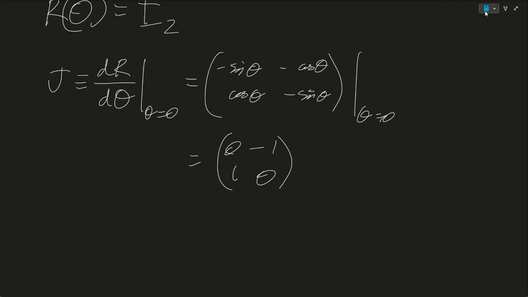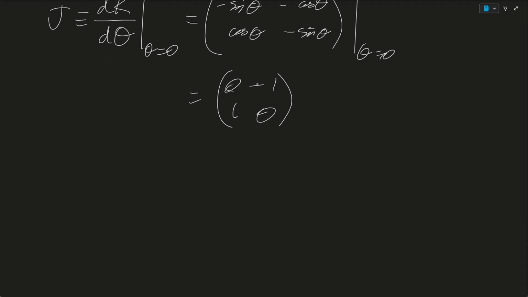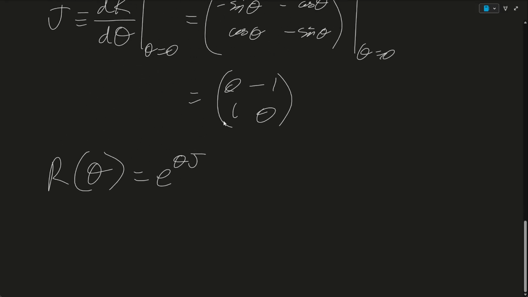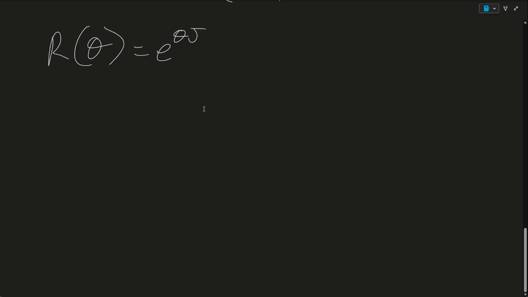Okay, so the claim is that our full group element is recovered by exponentiating our generator. That is to say, R of theta is equal to e to the theta J. This is our exponential map, but this is just a claim at the moment, so let's verify that.